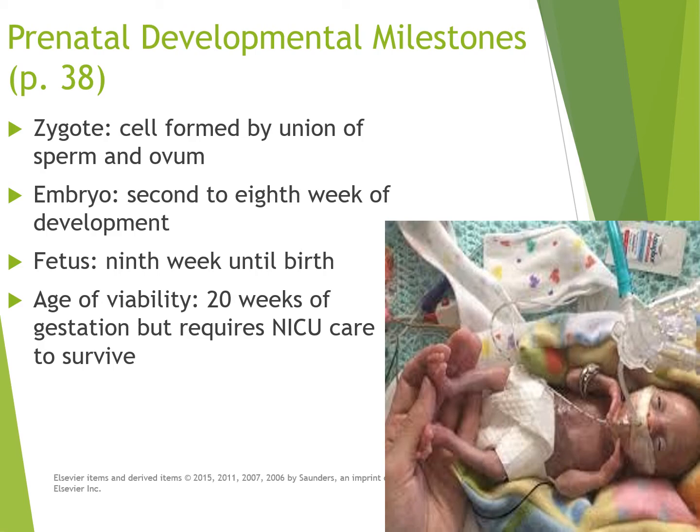At 20 weeks, at our hospital and most of the hospitals I know, they don't even offer the option of heroics. Now, where it gets sticky is 22, 23 weeks.